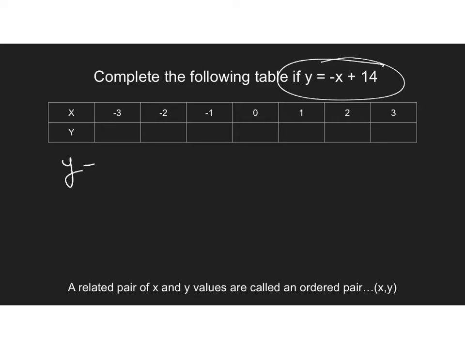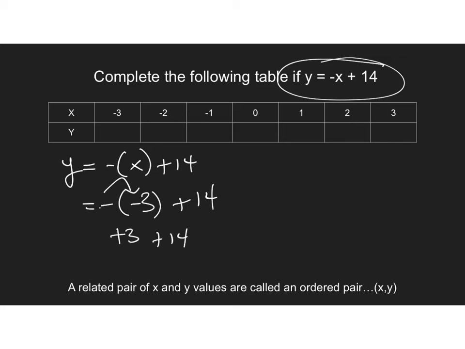So if our expression is y is equal to negative x plus 14, what we need to do is put in our first input value, which is negative 3. Now this negative makes that positive. Negative times a negative 3 is positive 3 plus 14. So our resultant output value is 17.